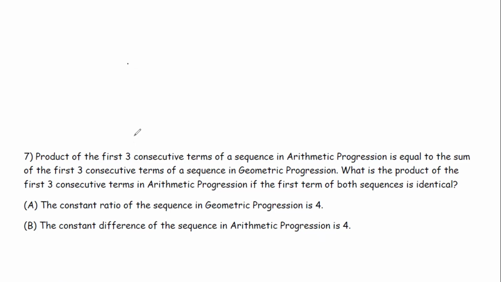So what is the product of the first 3 consecutive terms in arithmetic progression if the first term of both sequences is identical? Right. So AP means there's a constant difference between any two successive terms, right?